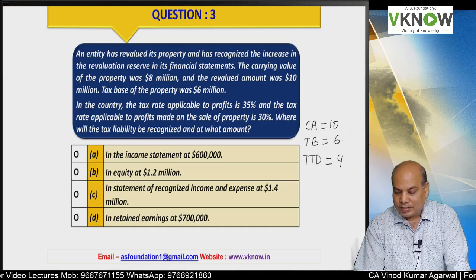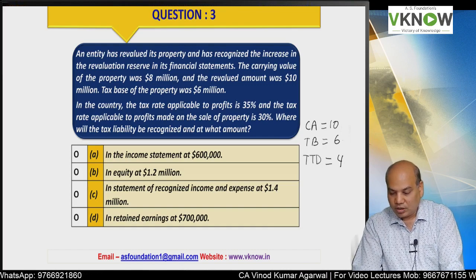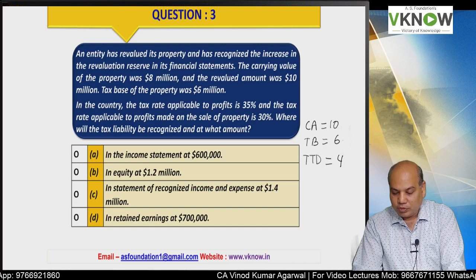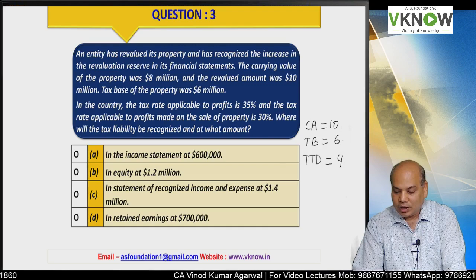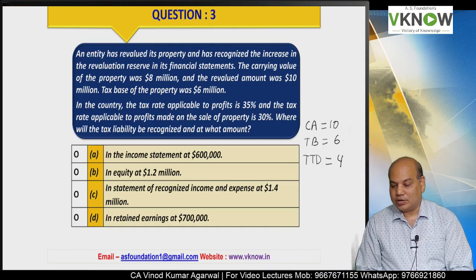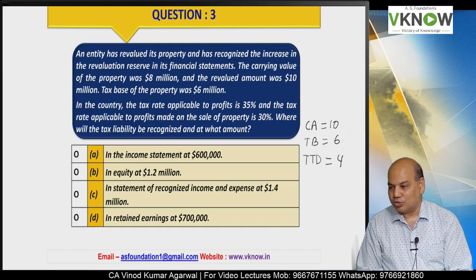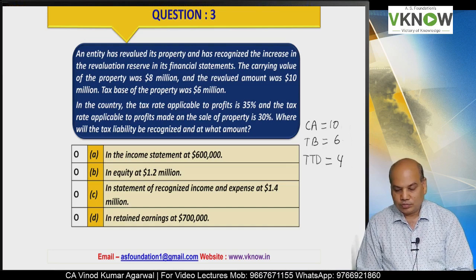In the country the tax rate applicable to the profit is 35% and the tax rate applicable to profit made on sale of property is 30%. Where will the tax liability be recognized and at what amount?